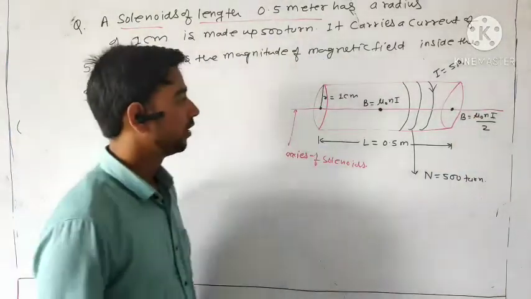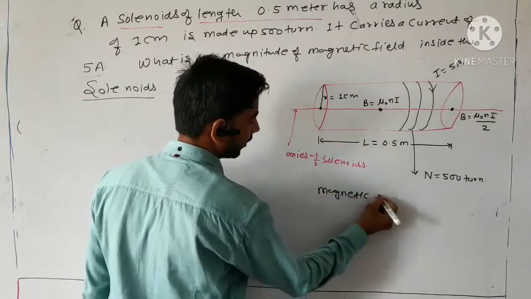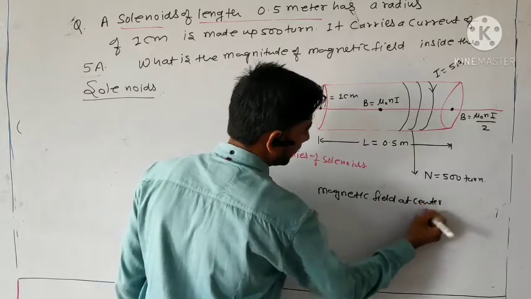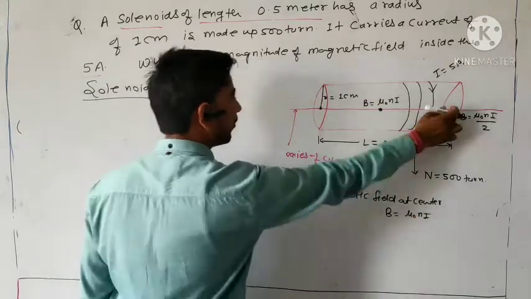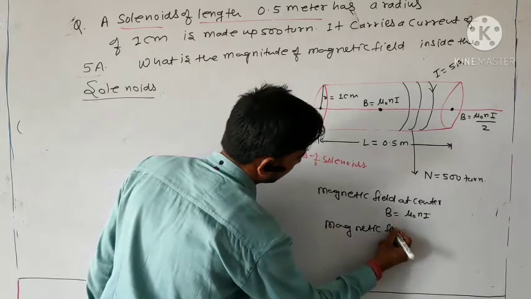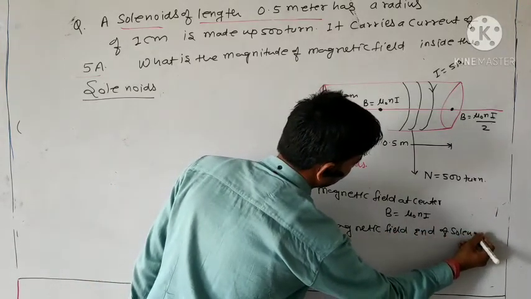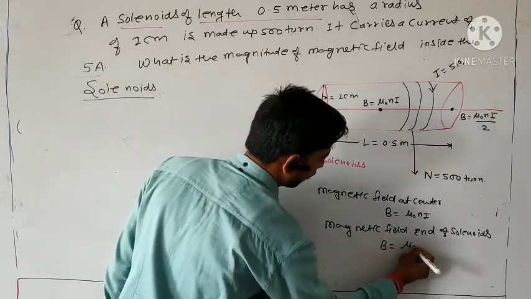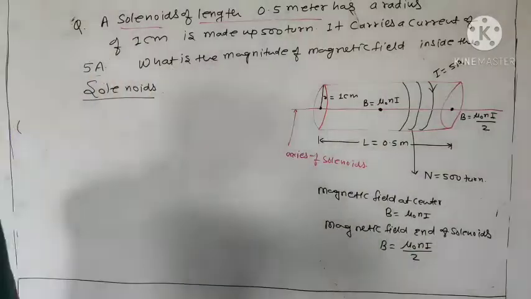Remember these two formulas. Magnetic field at the center, B is equal to mu 0 N i. Magnetic field at the end of the solenoid is given by B is equal to mu 0 N i by 2, half of the center.